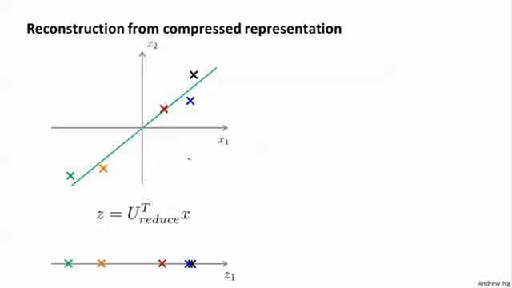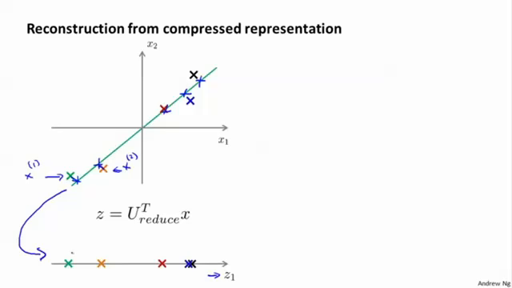In the PCA algorithm, we may have an example like this. Maybe that's my example X1, and maybe that's my example X2. We take these examples and project them onto this one-dimensional surface, and now we need to use only a real number, say Z1, to specify the location of these points after they've been projected onto this one-dimensional surface.